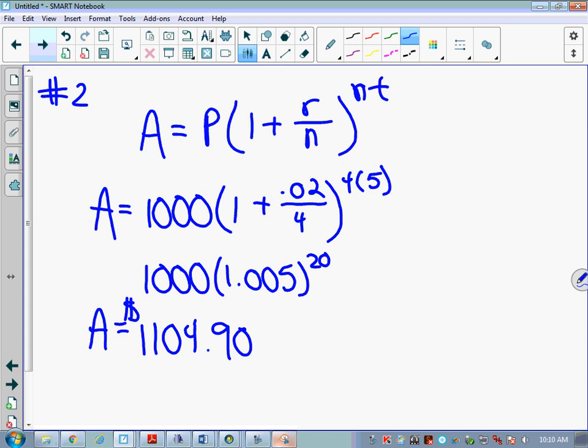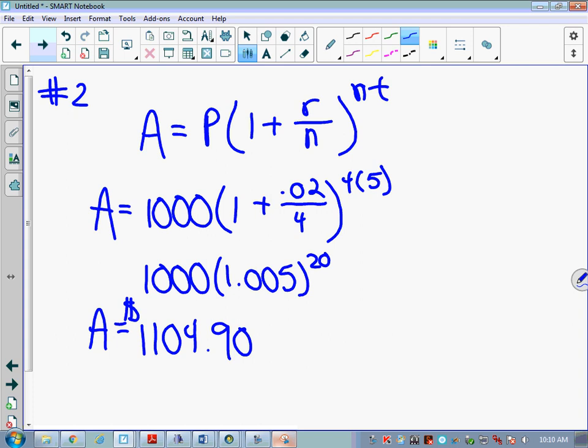That's kind of a hint. So if somebody borrows money, that same amount goes here. If I borrow so much money, that's still my principal, and the bank charges me a percent. That percent still goes up here where my 0.02 is.